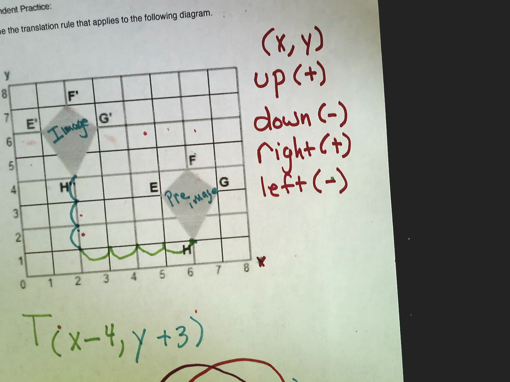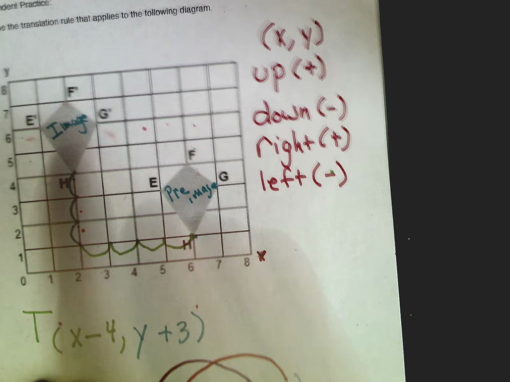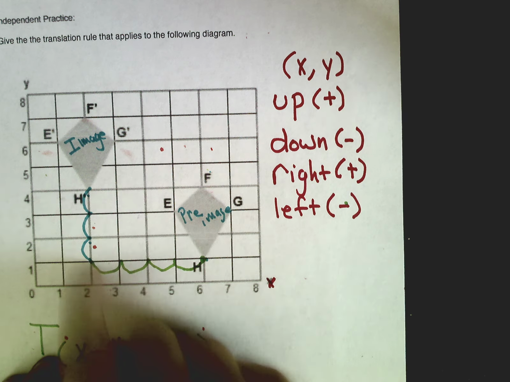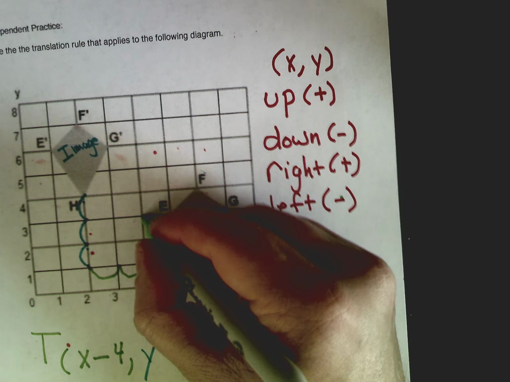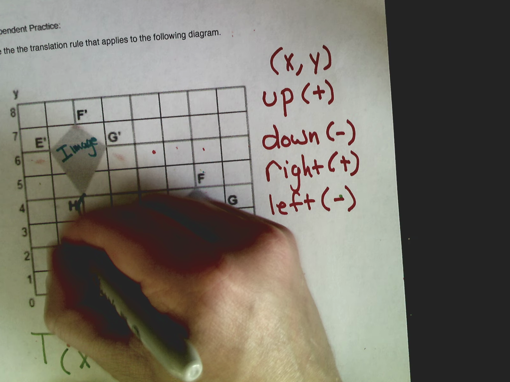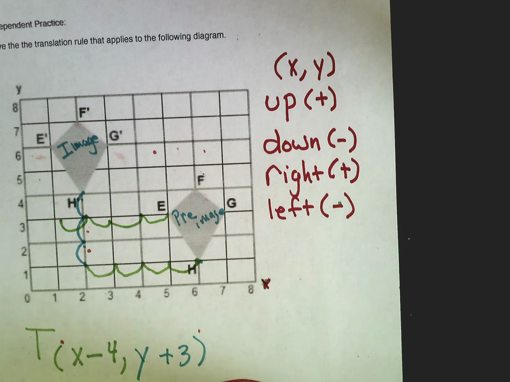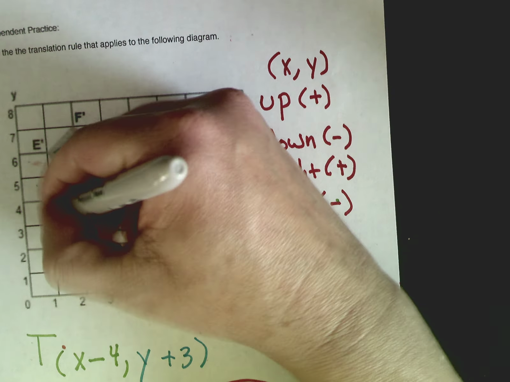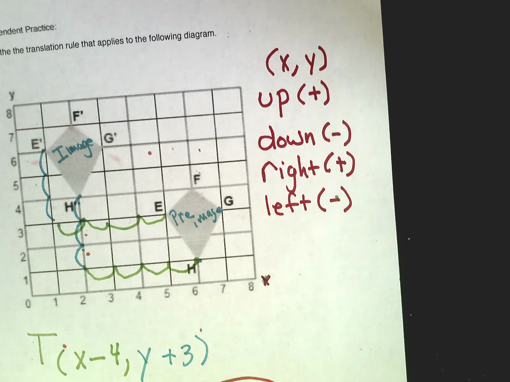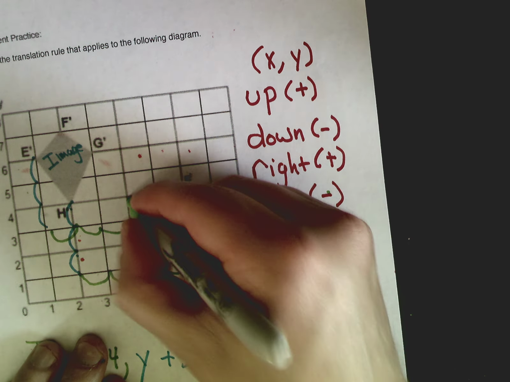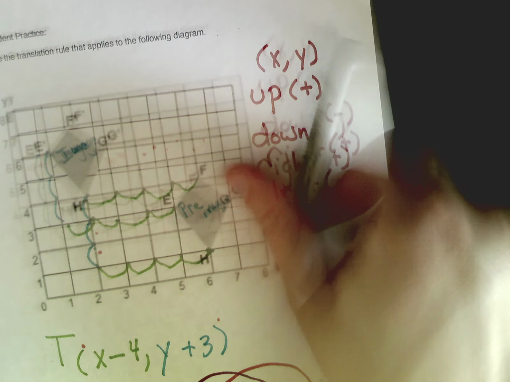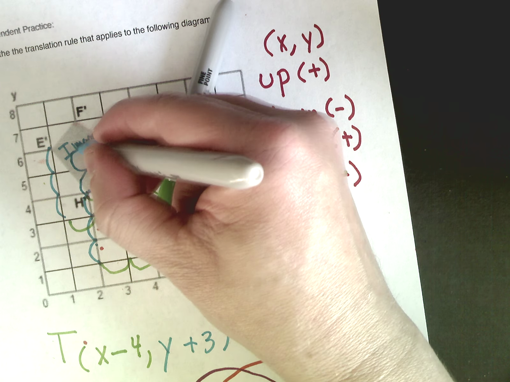So I could totally move this. When we're doing graphing, what I always tell people is don't try and do the whole image at once. Don't try and redraw it here from here. I say always move one over. Then go, and then move the next one over. So then I would still do 1, 2, 3, 4, and then up 1, 2, 3. Then I would move F over, 1, 2, 3, 4, and then up 1, 2, 3.